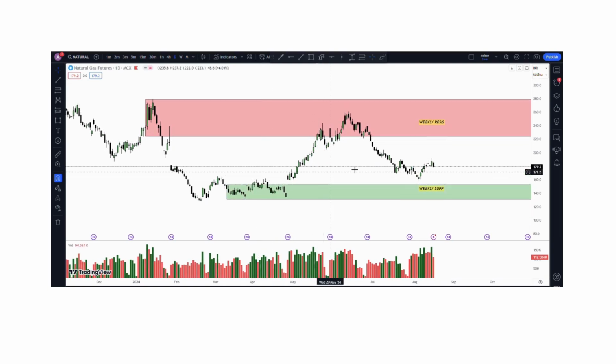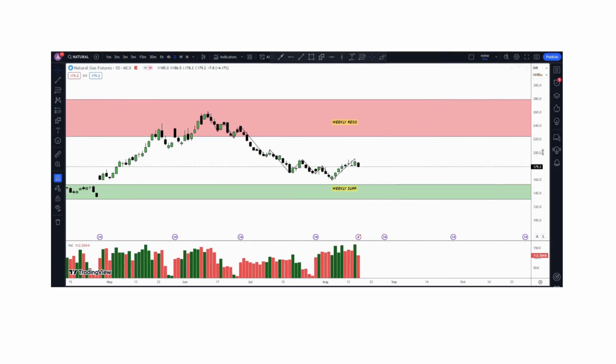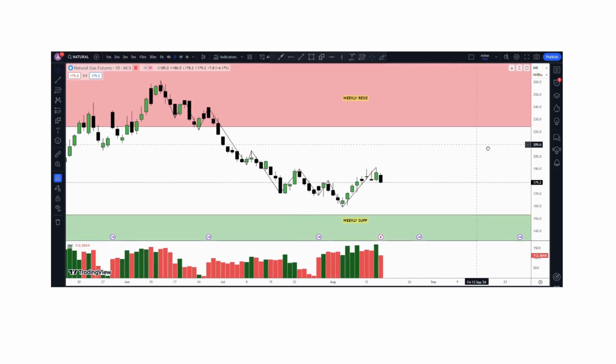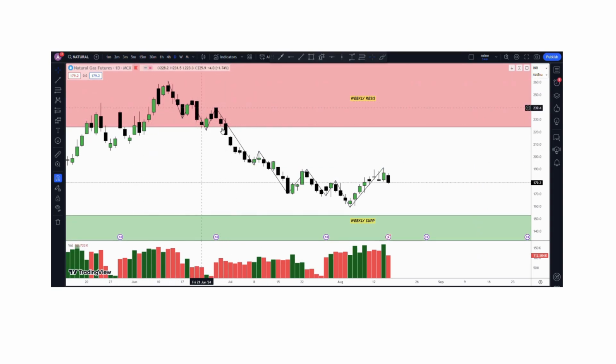You can see clearly daily also price is making lower highs, lower lows. As you can see, it's pretty evident. Just expand the chart. So this is the daily time frame, and you can see prices making lower highs, lower lows.